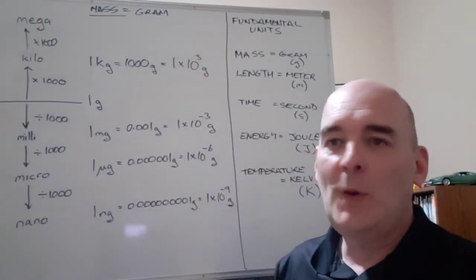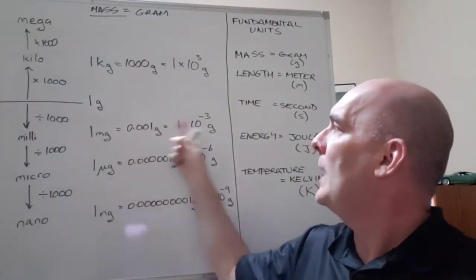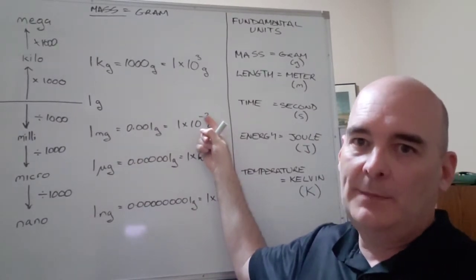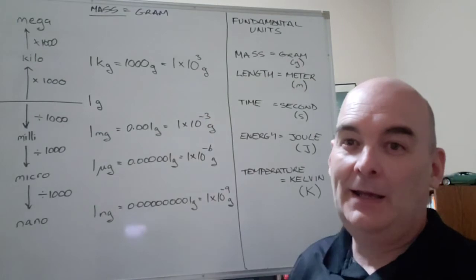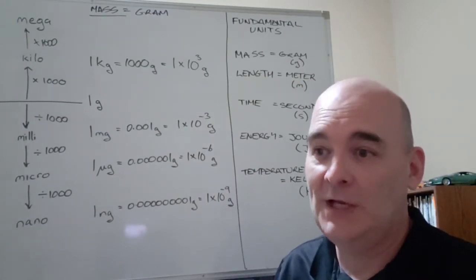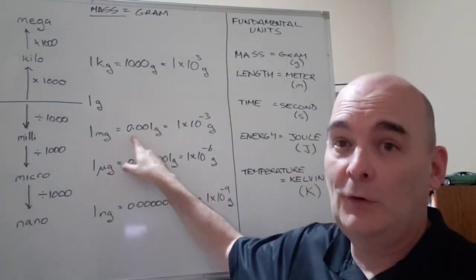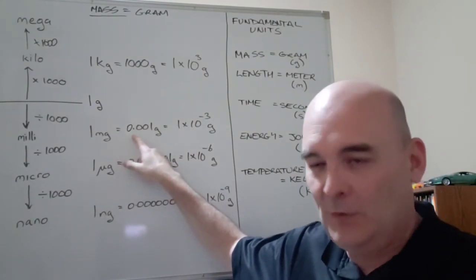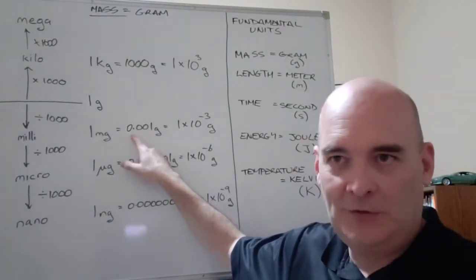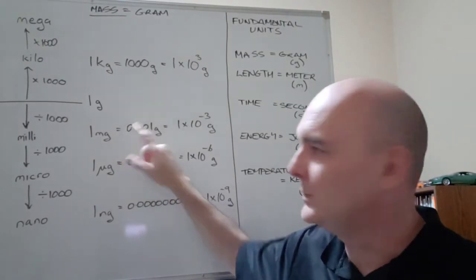If you put the zero in, we now know how to count the correct number of zeros and use the correct scientific notation. So I'm going to urge you all to get into the habit. You're all doing it correctly right now. If you are, fabulous. But if you're not, get into the habit of doing it this way.